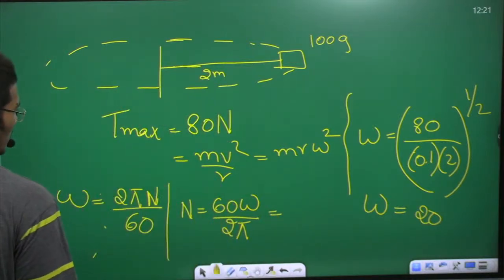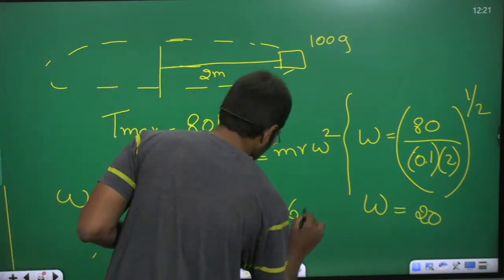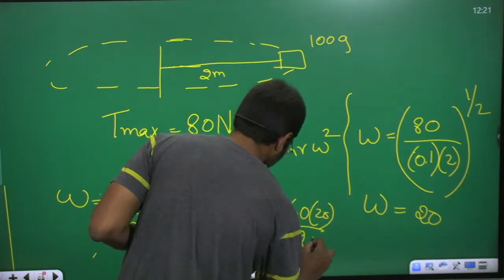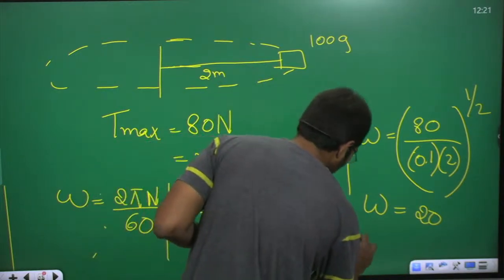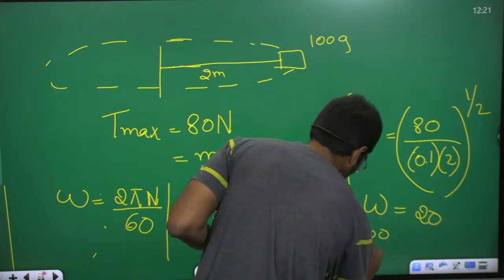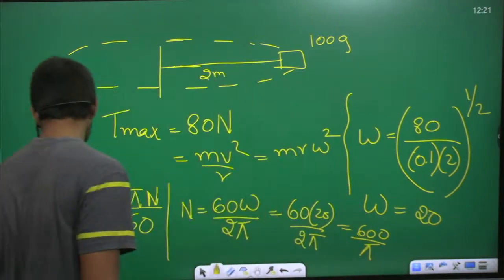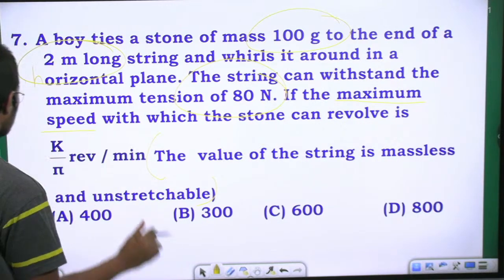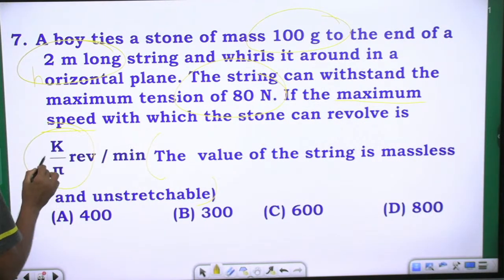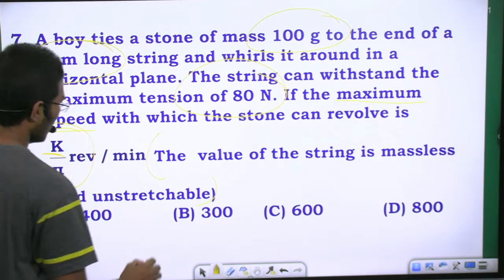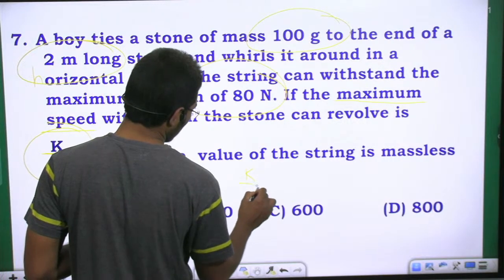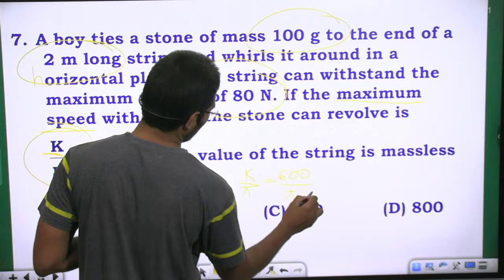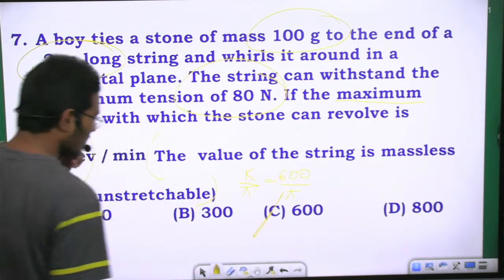So 60 into 20 by 2 pi. This is 600 by pi, right? So he's trying to ask k by pi and the value of k. So we got k by pi as 600 by pi, and the value of k is 600, right?